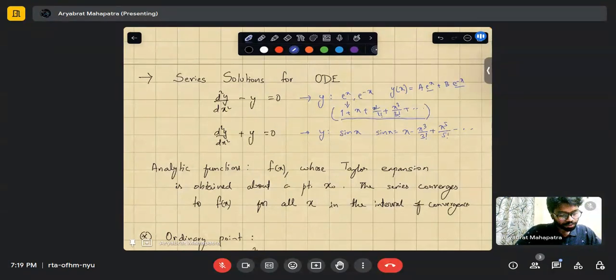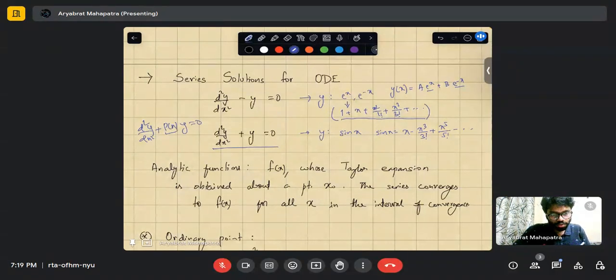But why were you able to write those answers? Because they satisfy this differential equation. Given that your differential equation did not contain any terms like, let's say, d square y dx square plus p of x y equals 0. This p of x was some constant for you last time.